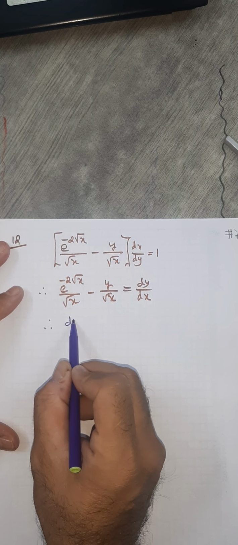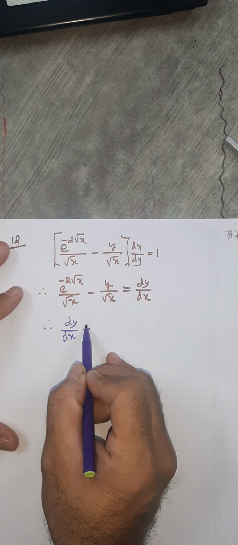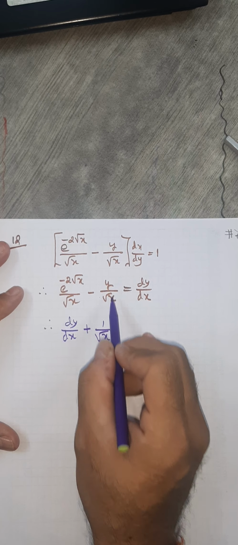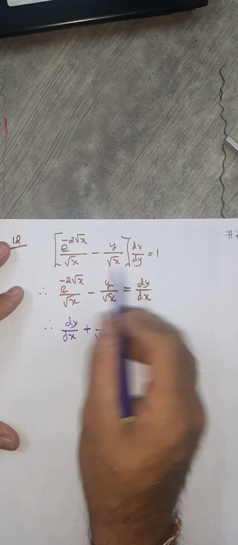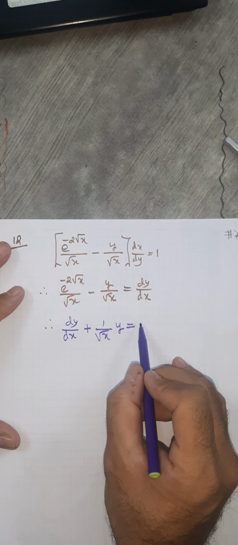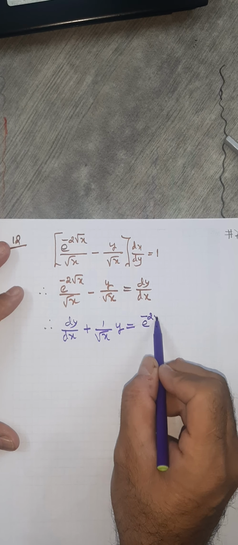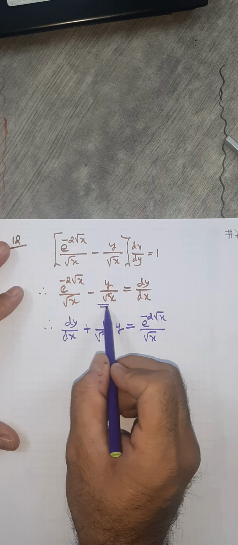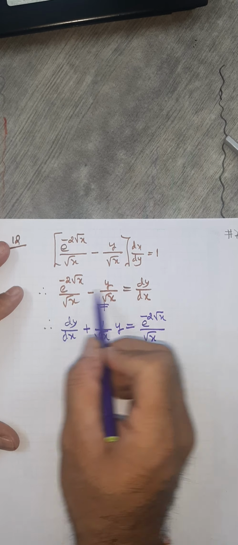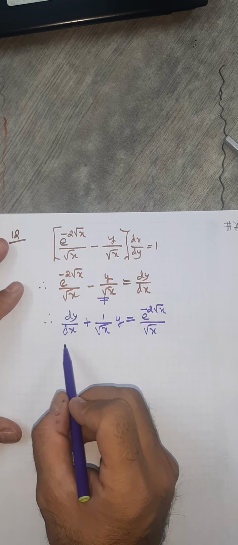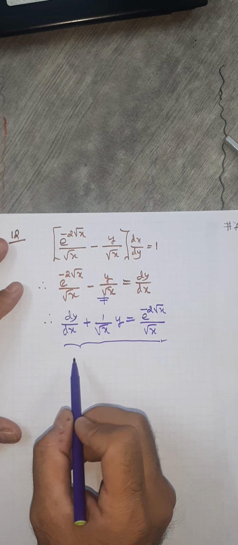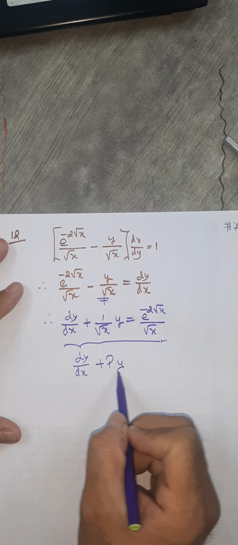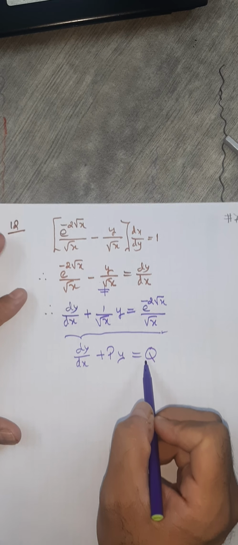Now dy by dx, if I take this one over there, 1 upon root x into y, this one as it is this side, minus 2 root x upon root x. You understood what I did? I have just taken this expression over there. This is as it is this side. Now this is in which form? You must have noticed, dy by dx plus p into y equals q form.